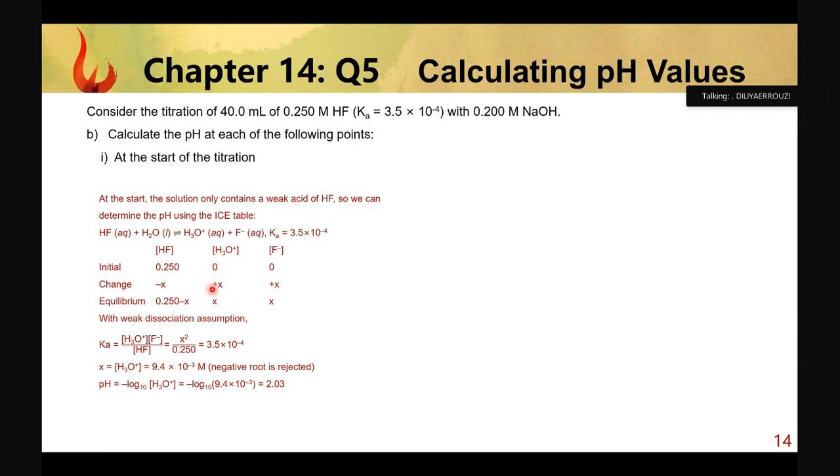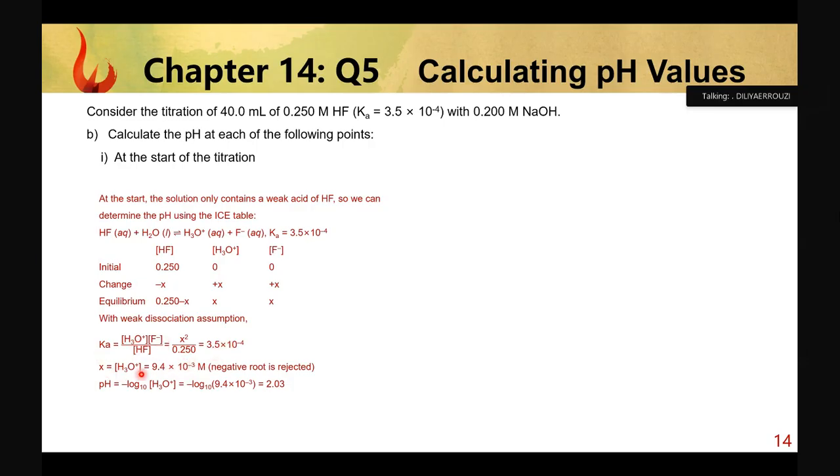And the equilibrium concentration for these two is just x each. So of course, with the weak assumption, we can simplify this to this equation. Ka is the last two divided by the concentration of the hydrogen fluoride.